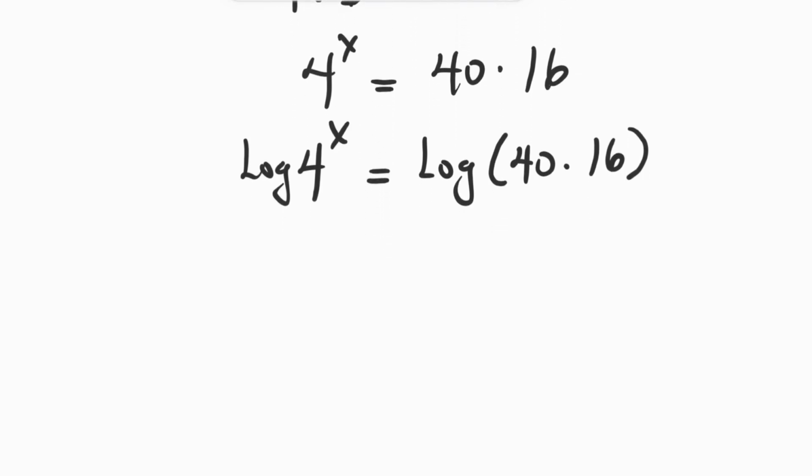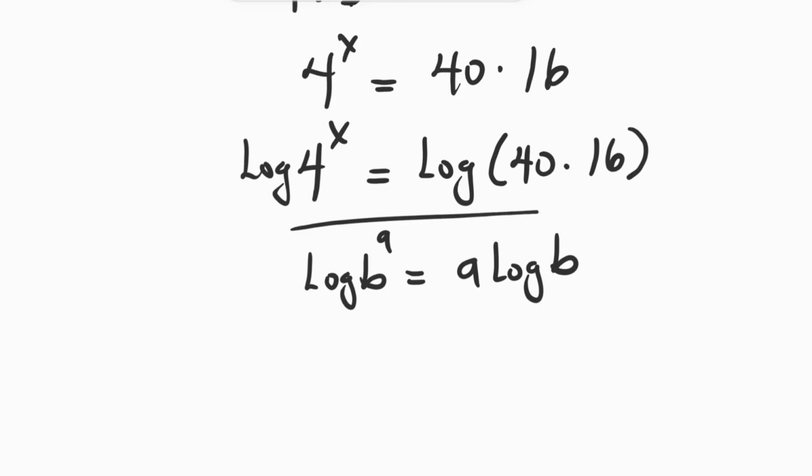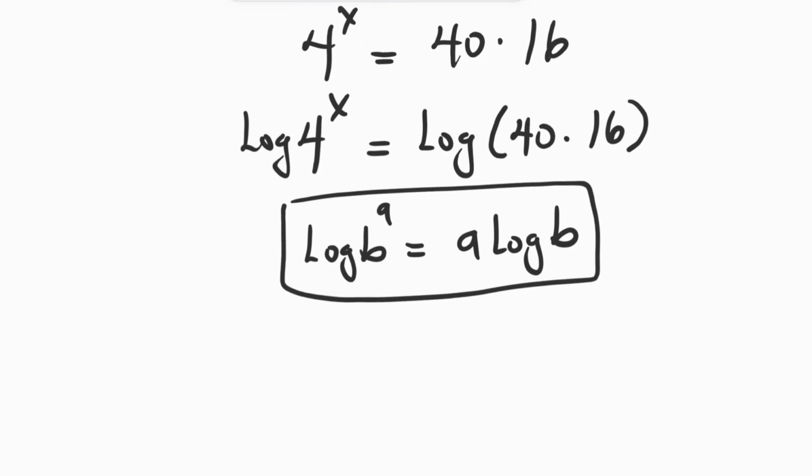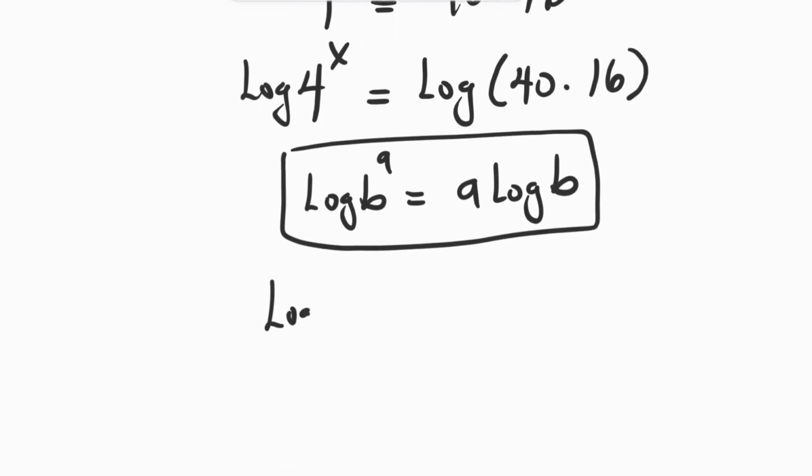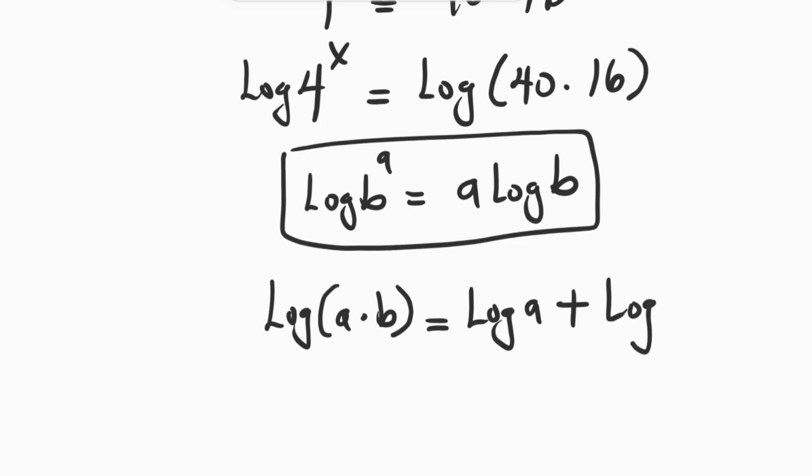Now, from our log rule, we know that when we have log of b base a, it is the same as a log of b. And also, when we have log of a times b, it is the same as log of a plus log of b.